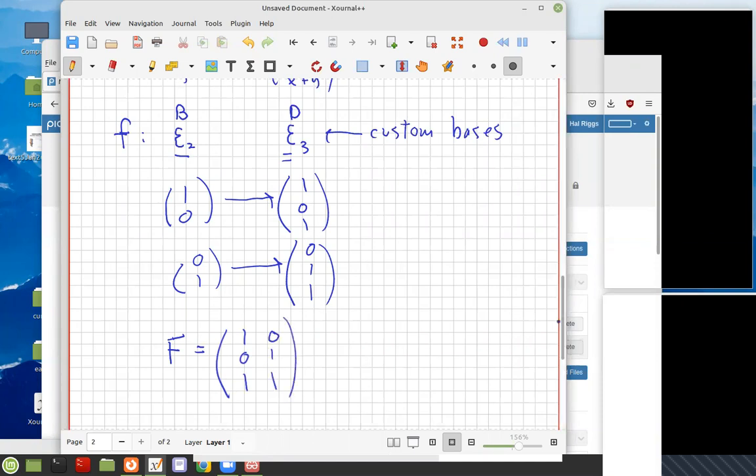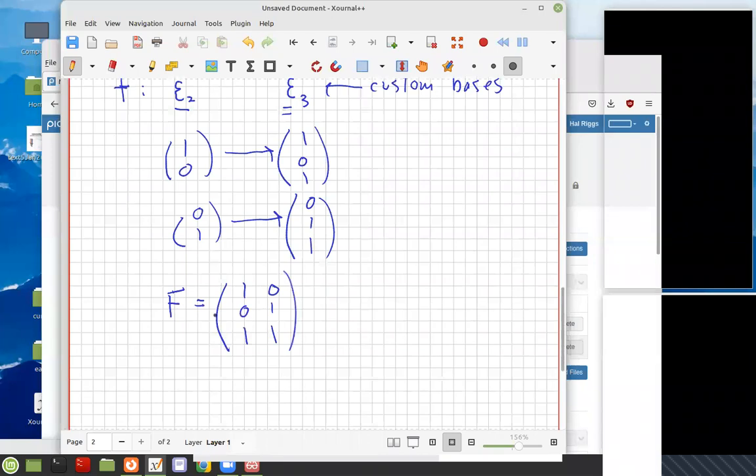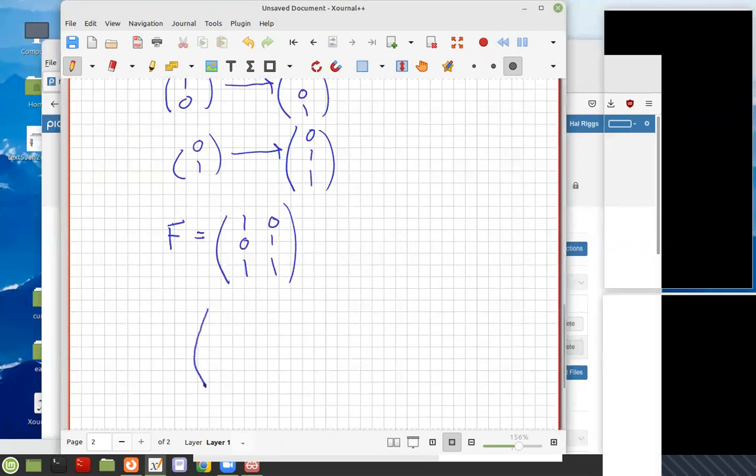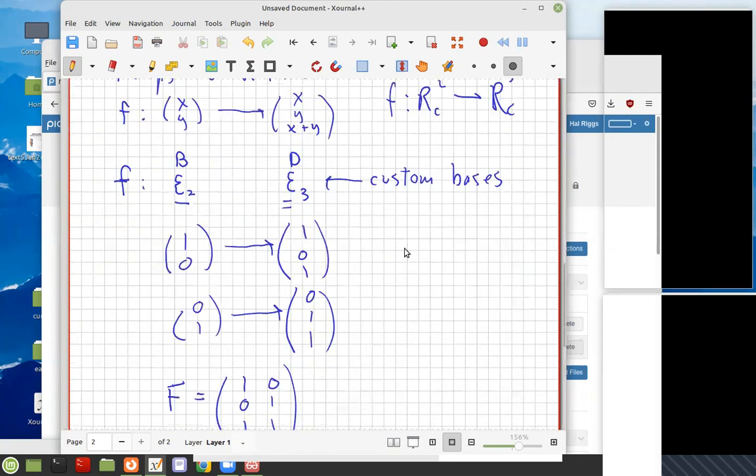Now let's verify. This is a 3 by 2 matrix, and you're going to multiply it by a 2-vector. So let's see what is the image by matrix multiplication of this matrix on the vector (x, y), and see if it gives this.